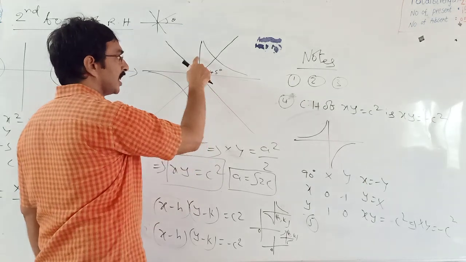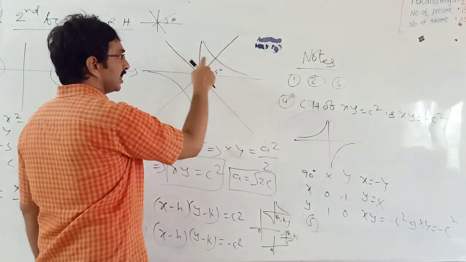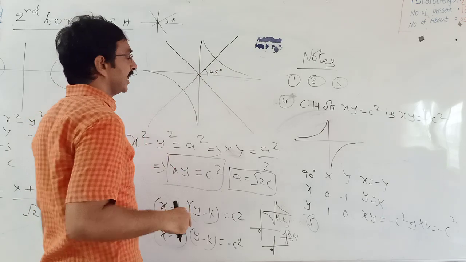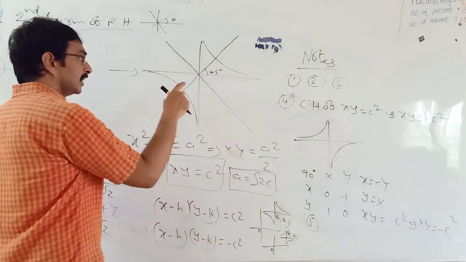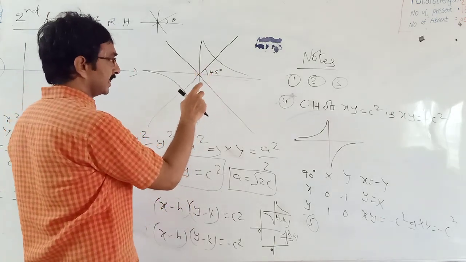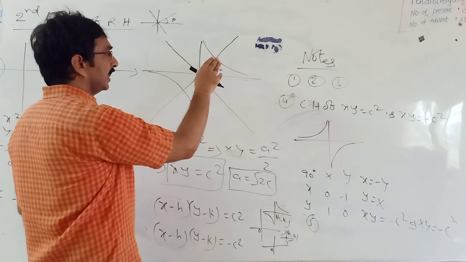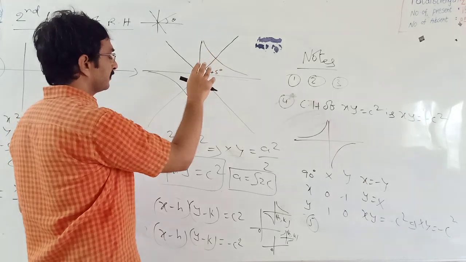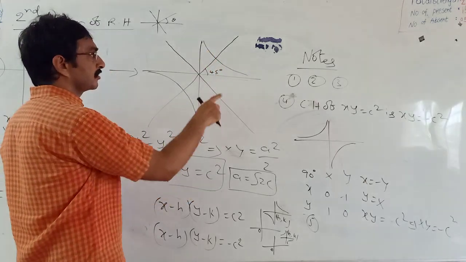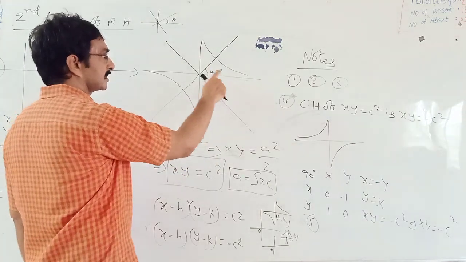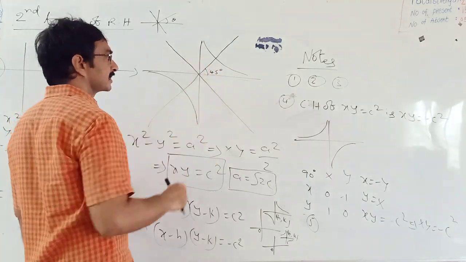That's why these two are asymptotes of the second form of rectangular hyperbola. So learn this by heart: asymptotes of the rectangular hyperbola xy equal to c square are the coordinate axes, the x-axis and y-axis.